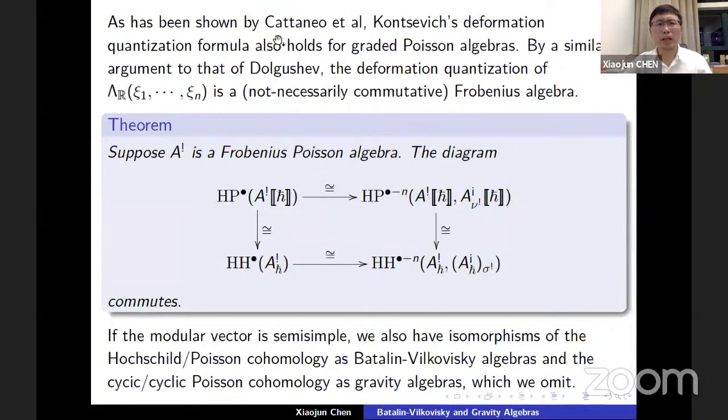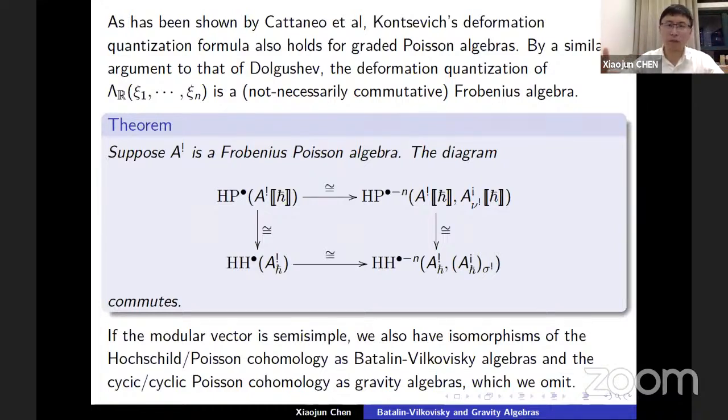Now, as shown by Cattaneo and his collaborators, Kontsevich's deformation quantization also holds for graded Poisson algebras. So by the same argument as Dolgushev, consider the deformation quantization of this exterior algebra, which is a finite dimensional Poisson algebra with a pairing.